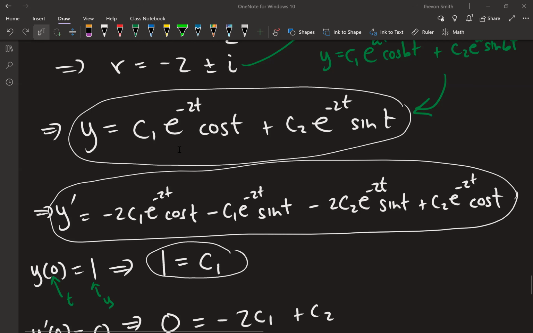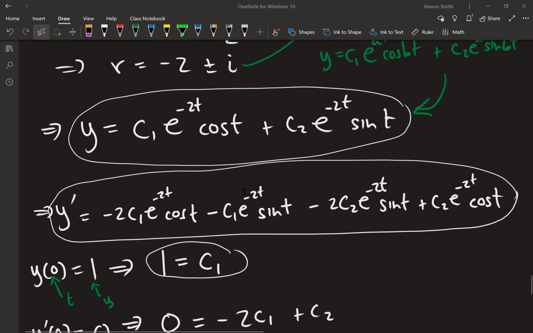Yeah, so I differentiate this. Of course, I need the product rule. Then I have to plug in zeros everywhere I see t's, and then plug in for the y prime, I would plug in 0. e to the 0 is 1, cosine of 0 is 1, sine of 0 is 0, sine of 0 is 0, cosine of 0 is 1.